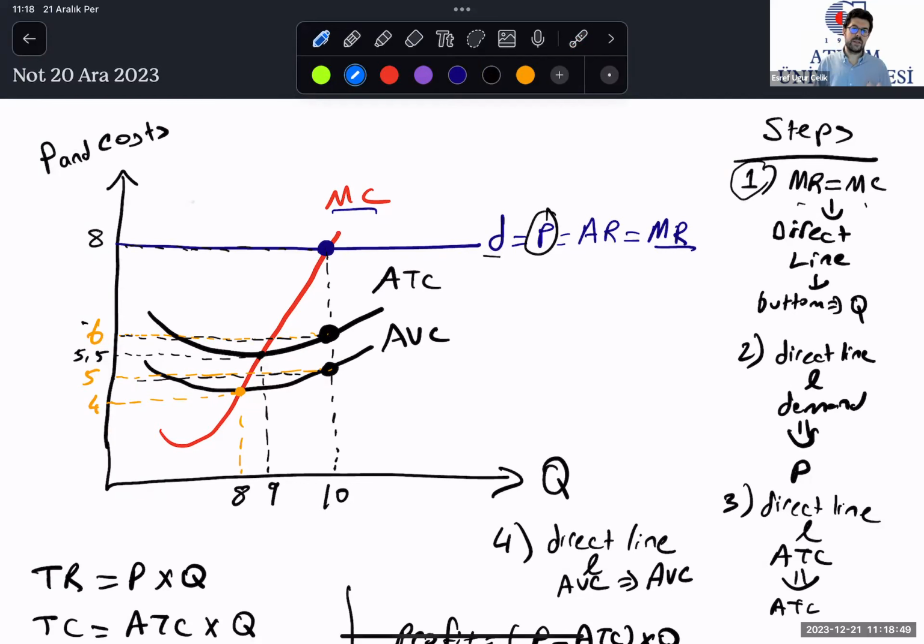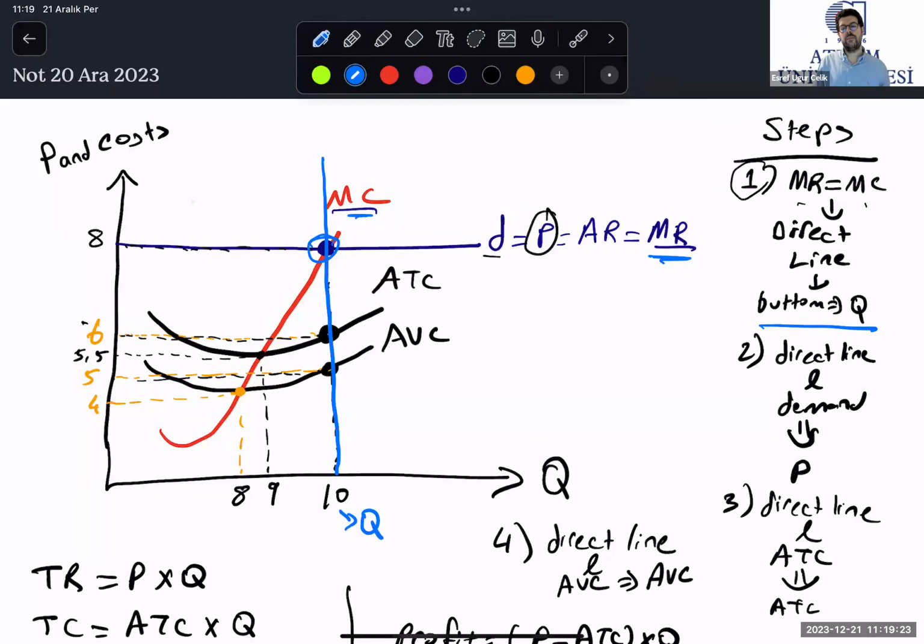The first step is to find the intersection point of marginal revenue and marginal cost. We can find it at that point. At that intersection point, we draw a direct line. The bottom part shows quantity. So 10 is equal to quantity.